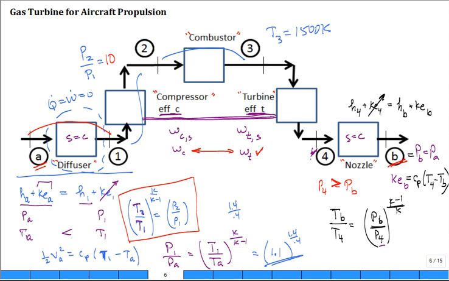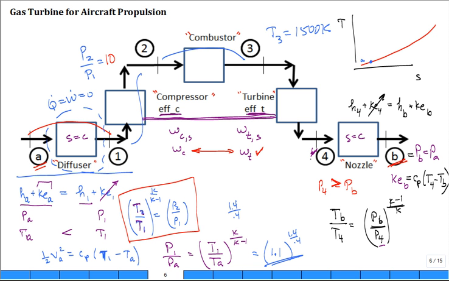You can put this on a diagram, a temperature-entropy diagram, and we do have a bunch of lines of constant pressure. Here's one, which is the pressure at A, and it goes all like that. We're going to start at state A, and we go through the diffuser.